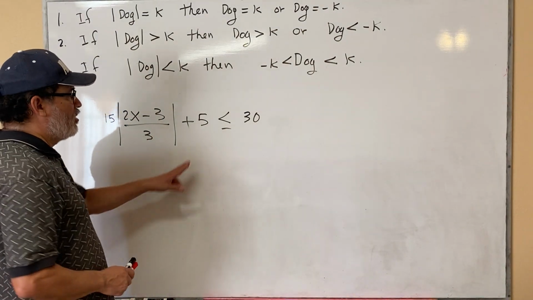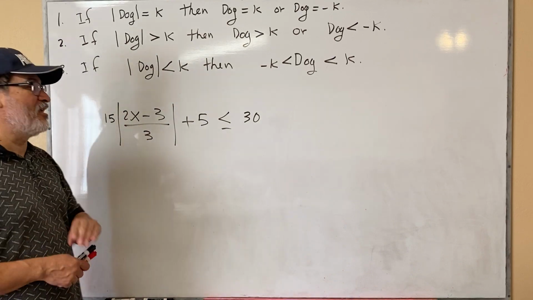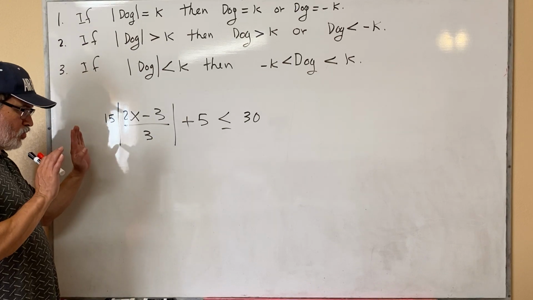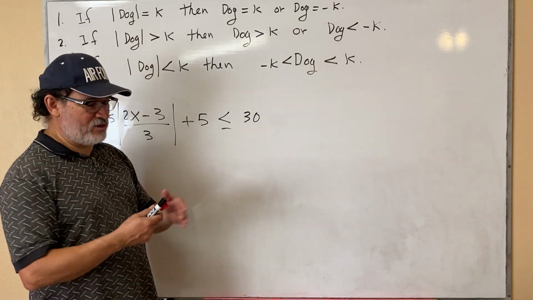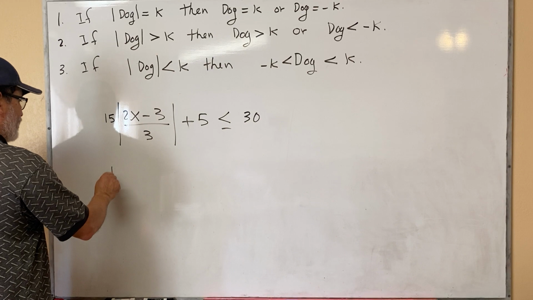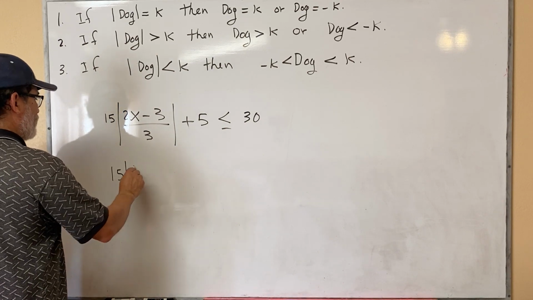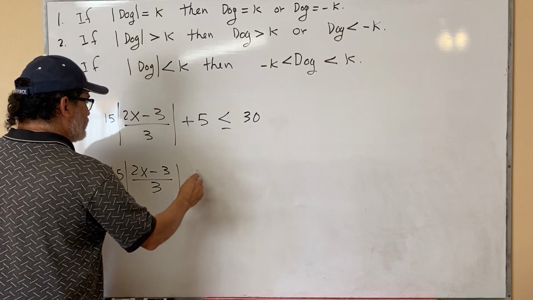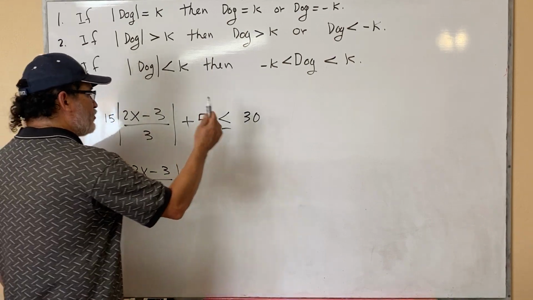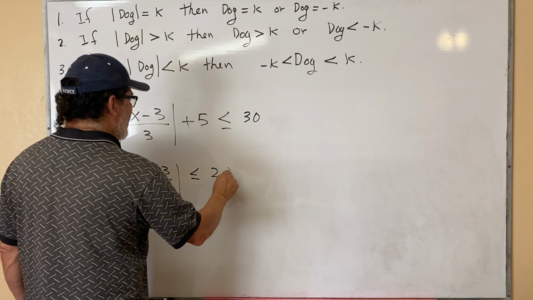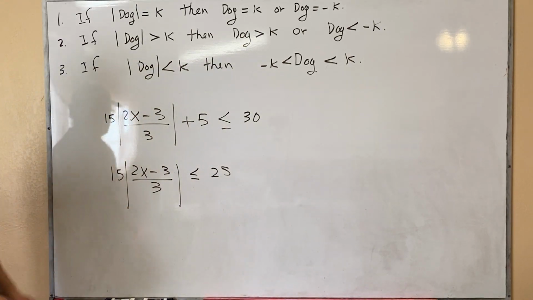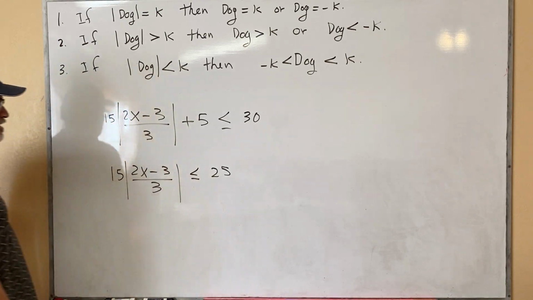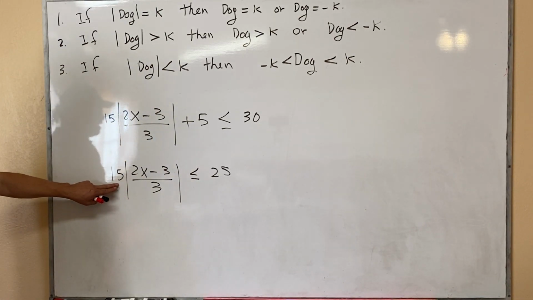Okay, the first thing, we're gonna get rid of this 5 and then we're gonna get rid of this 15, not using this 3. So subtract 5 from both sides. So 15 times absolute value, 2x minus 3 over 3, absolute value is less than or equal to 30 minus 5 is 25. Now let's divide both sides by 15.